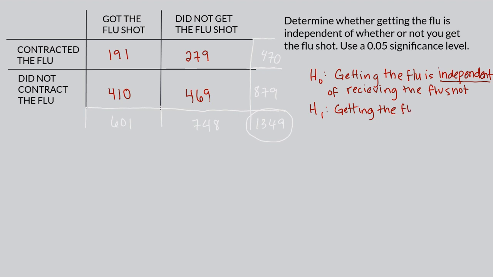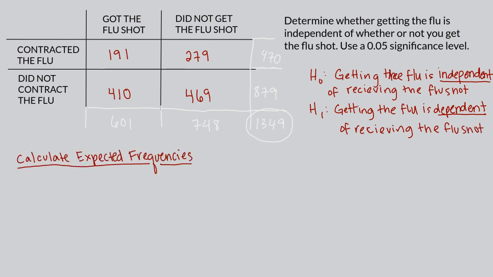And our alternative hypothesis will state that getting the flu is dependent on receiving the flu shot. So again, independence is always the null hypothesis, and dependence is always the alternative hypothesis. Now let's calculate our expected frequencies.